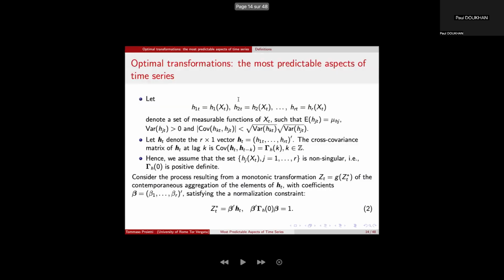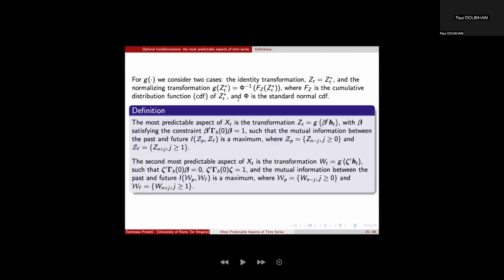Then I may consider, this is optional, a transformation of this linear combination. Typically this could be either the identity transformation, so leave things as they are, or a normalizing transformation. I could use the quantile function of the standard normal to normalize this variable.